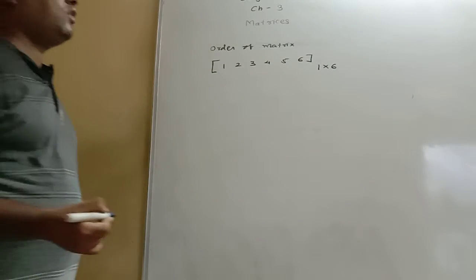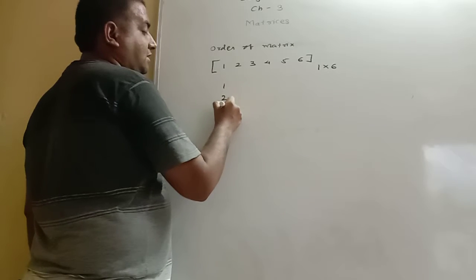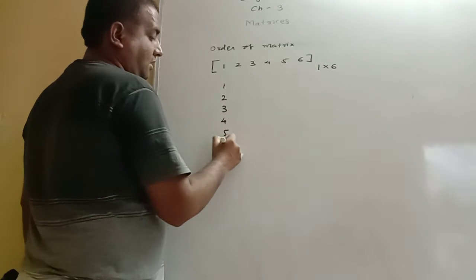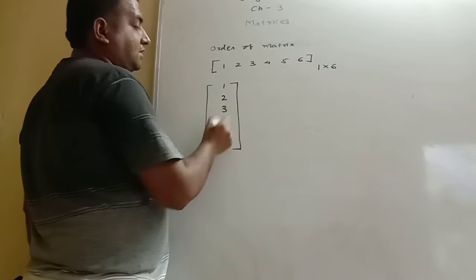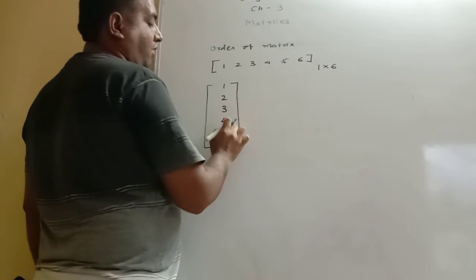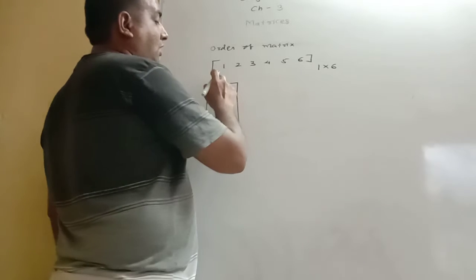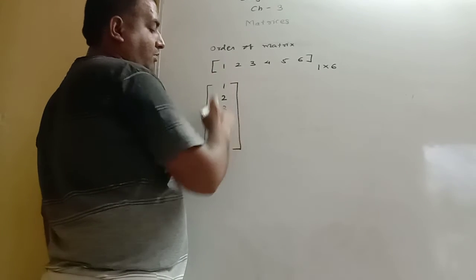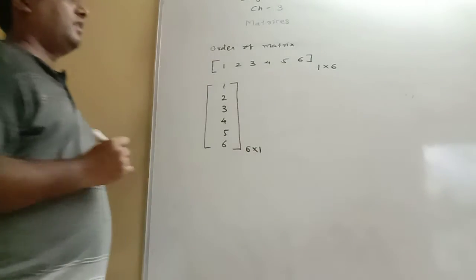If we write them in one vertical column, we say the horizontal line is a row and the vertical line is a column, so 6 rows and 1 column. It will be called 6 by 1.